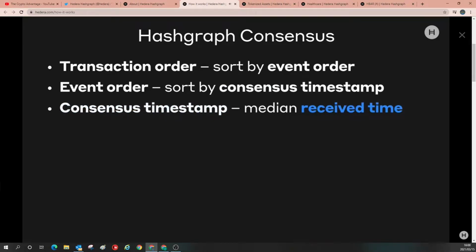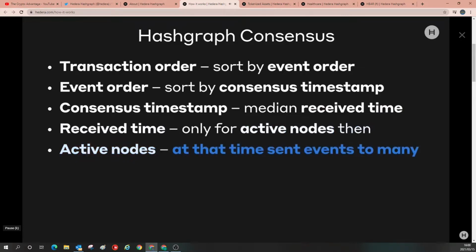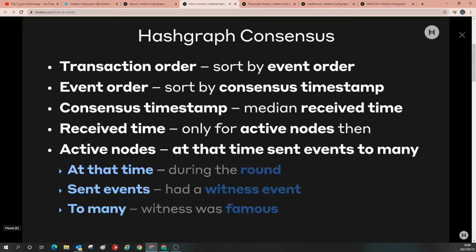What's the received time? Well, it's when an active computer, an active node, received it. The computers that around that time were each sending events to many of the other nodes. But what do we mean at that time, sent events to many? Well, we mean during that round. We all have this history in the hash graph.